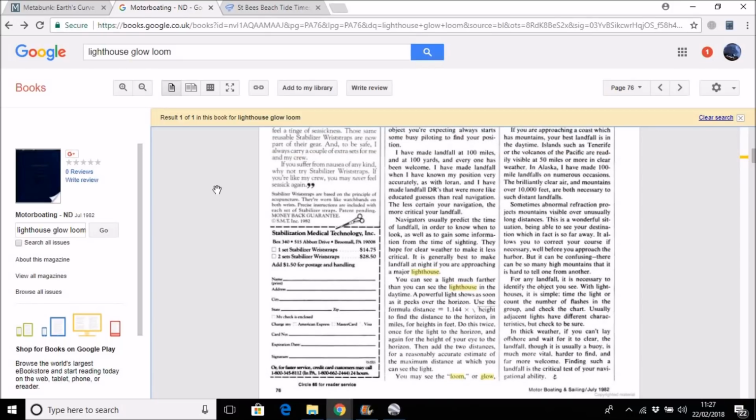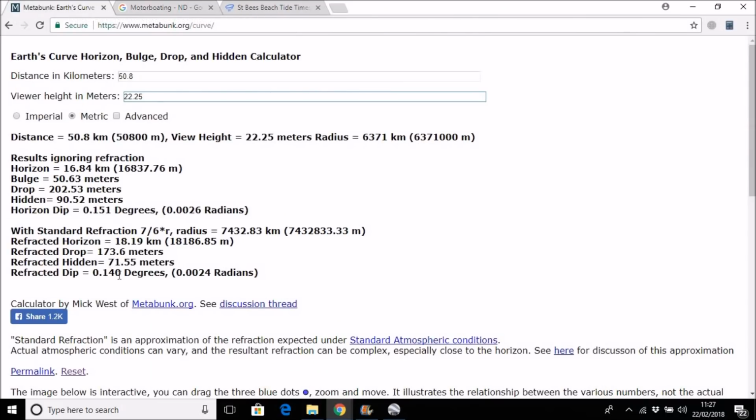So this glow is a well-known and often talked about thing amongst mariners, and you can see the glow before you can see the lamp. Therefore if the lamp itself might be hidden below the horizon, you may still see this bright glow just above the horizon, and it will do it with the same rhythmic flashing as the lamp itself, but you're not actually seeing the lamp.